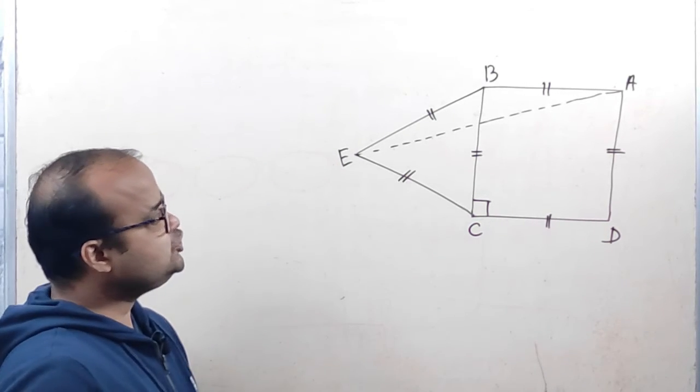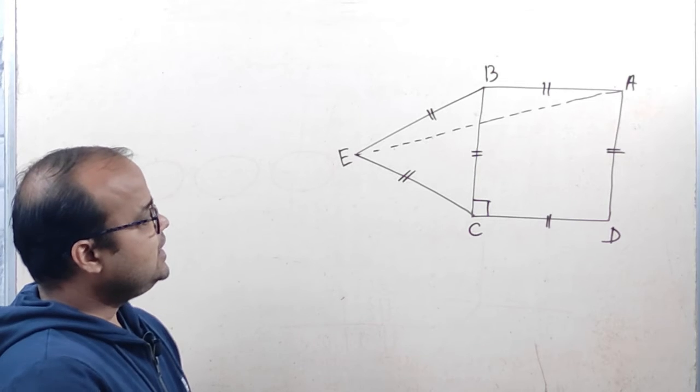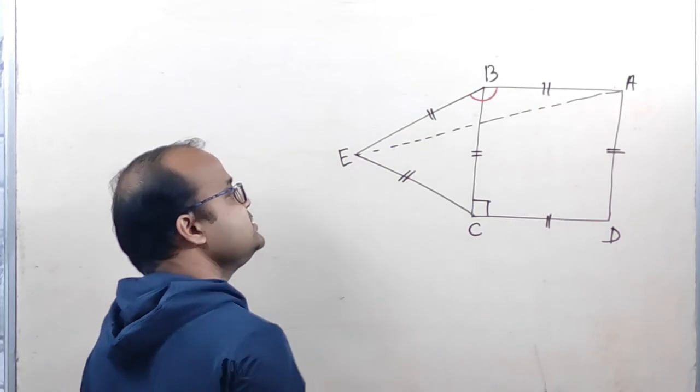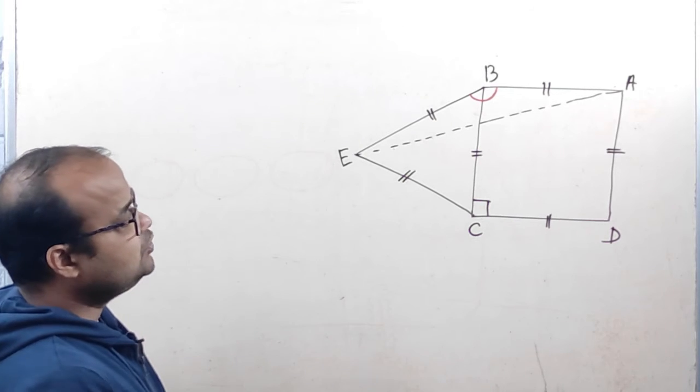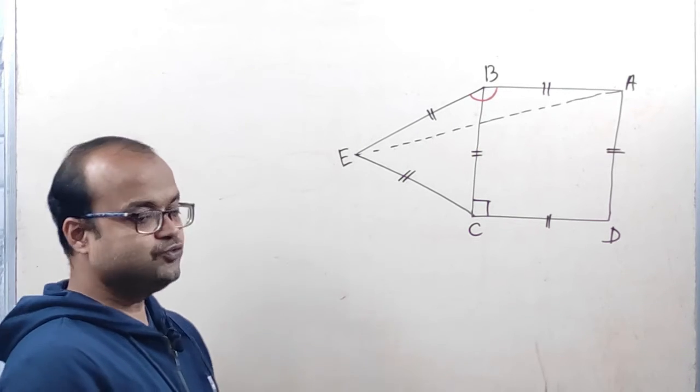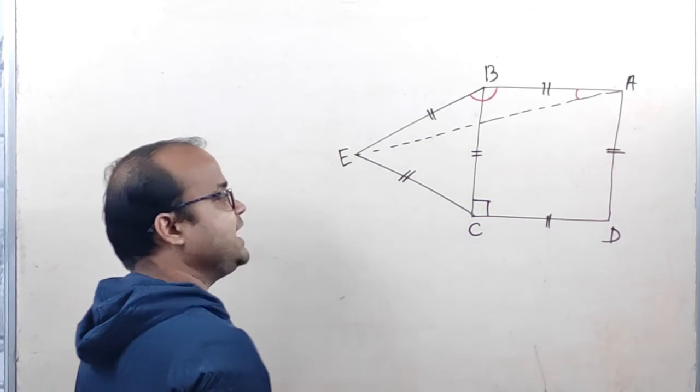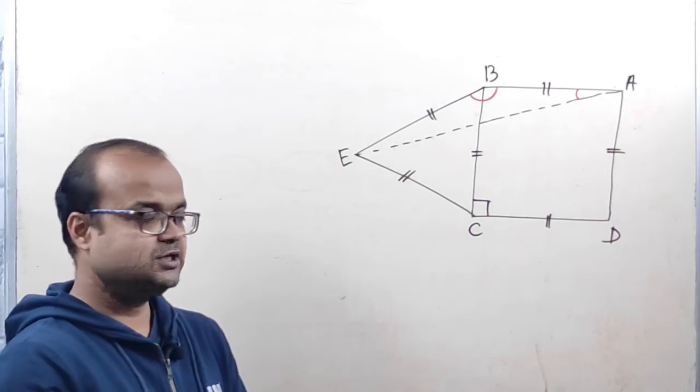So we need to find angle ABE, and also BAE. These two angles we need to find out.